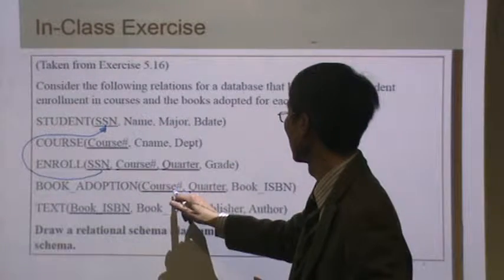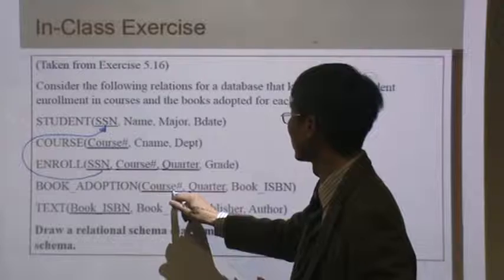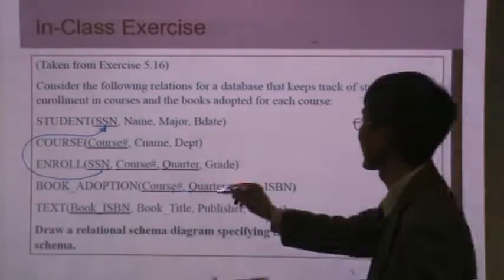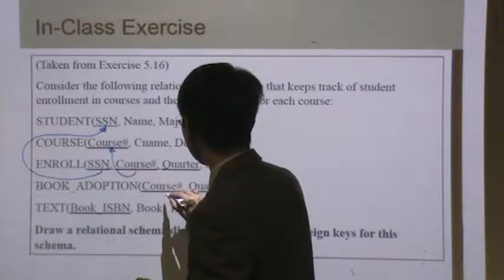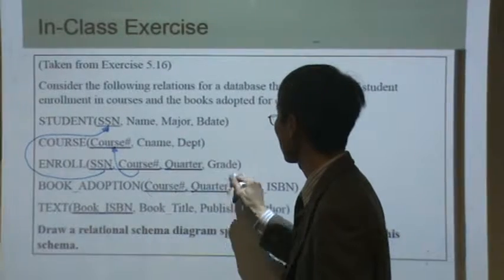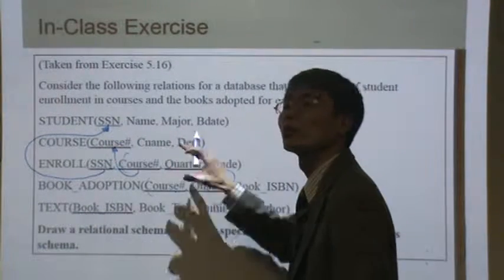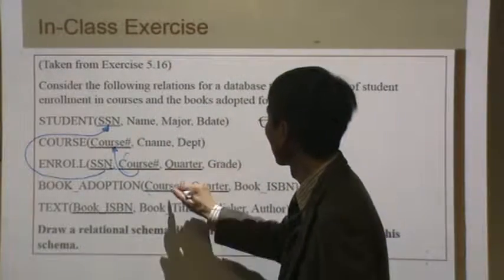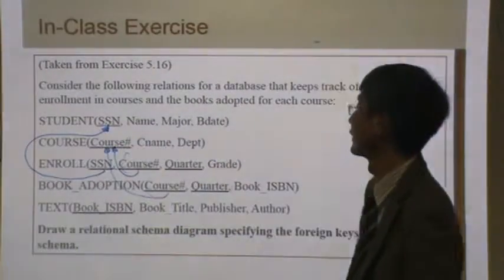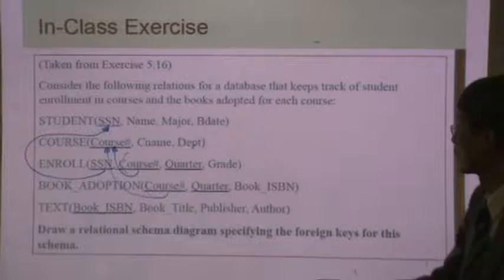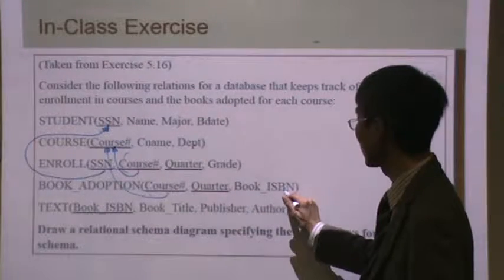Course number to course number, and the other course number to course. Yes. What about this? No relationship for that. Both of them go to course number. Yes. And the book, ISBN, this one to this.